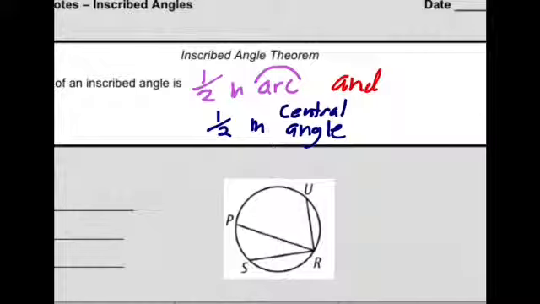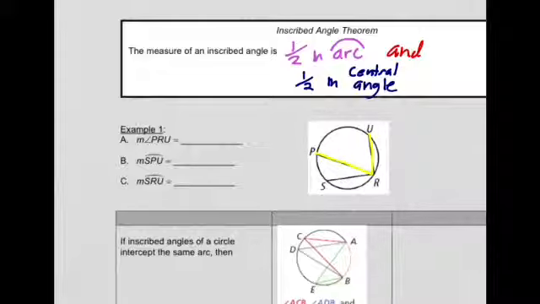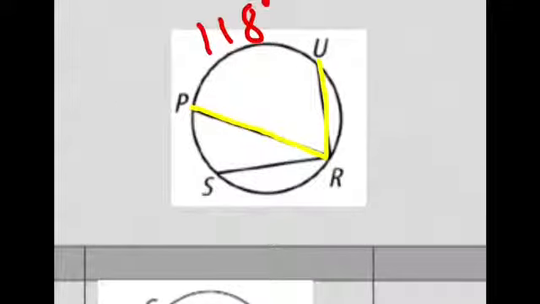So let's look at what I mean by that. Right here it asks you for the measure of angle PRU. That's this guy right here, PRU. And it gives you, although you don't see it up here, that this is 118 degrees over here. And then it also gives you that this is 27 degrees.